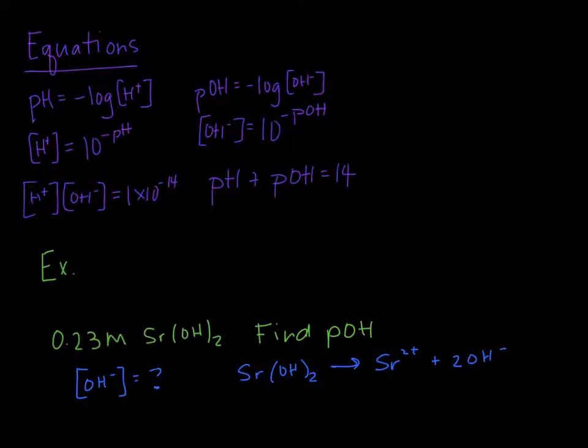And so if this is 0.23, strontium will also be 0.23, but hydroxide will be 0.46 because it's twice as much, because there's 2 OHs for every single one of these. So our OH is going to be 0.46.